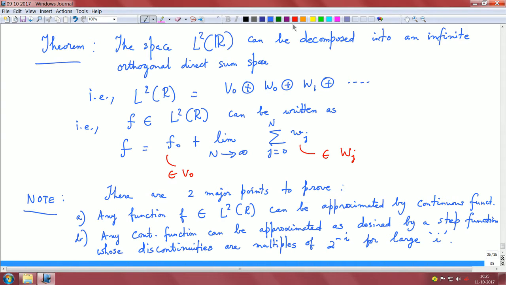This is very important. That means you have some metric for the error tolerance that you have to account for in terms of some norm by a step function whose discontinuities are multiples of 2 power minus I for large I. So, I will leave this just to ponder upon.